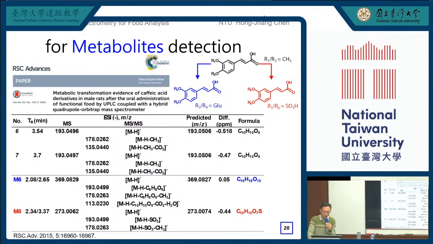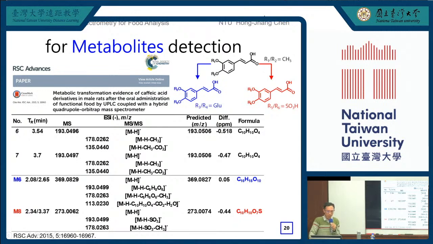So in this experiment, they are focused on caffeic acid, 193, this one here. After the oral gavage to the mice, and we take the serial samples, we can find these 2 types of metabolites.